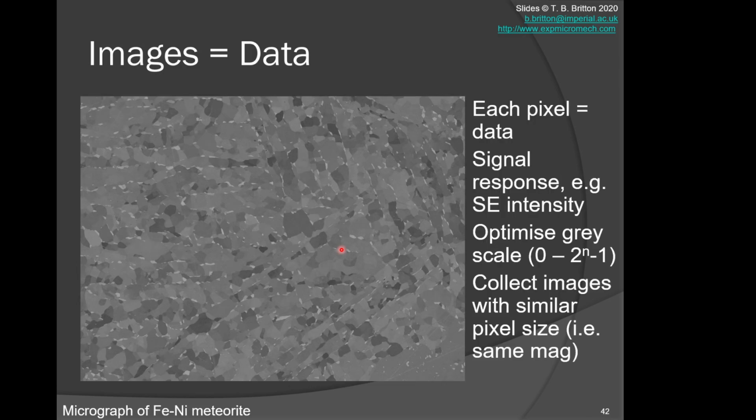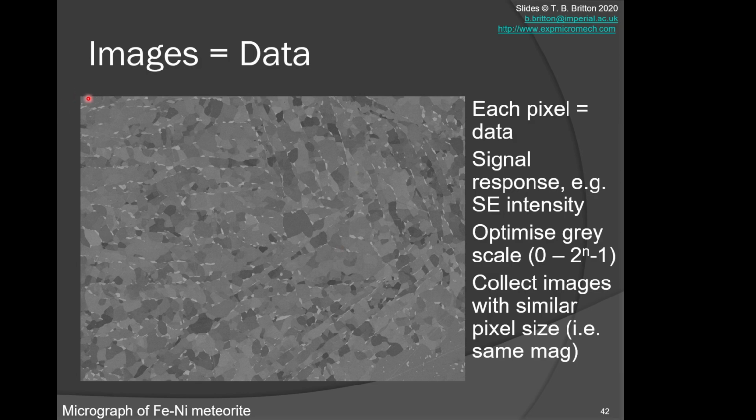Now, please do note that once you've got the system aligned, you've then got to remember that your images are data. This is that micrograph of that iron nickel meteorite. It's a really cool image with a huge amount of data present.